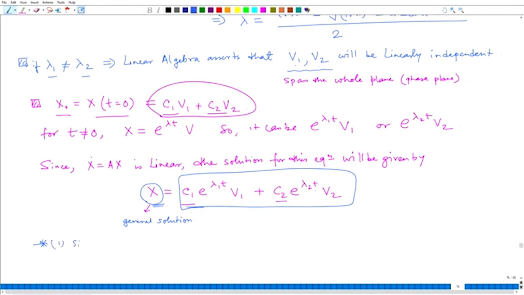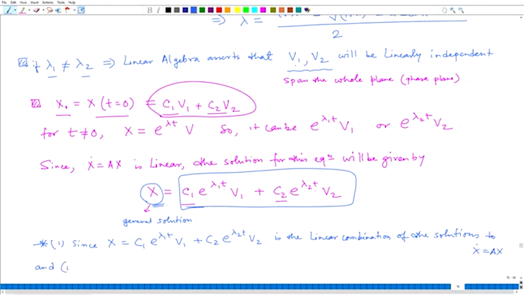First, x is equal to C1 e to the lambda 1 t V1 plus C2 e to the lambda 2 t V2 is the linear combination of the solutions to x dot equal to Ax, and also this solution satisfies the initial condition.